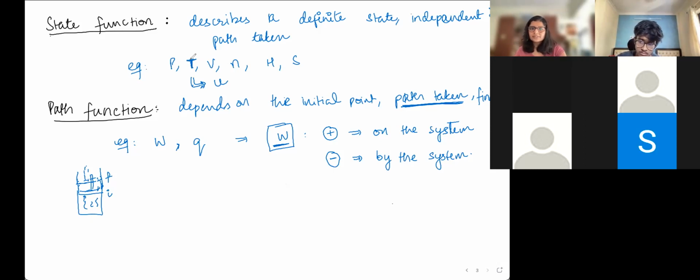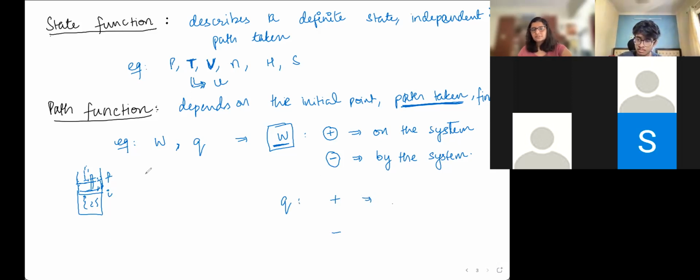Like you can measure these specifically at different points of time, and you get very specific definite values. But for path functions, it depends on what you are doing. Like you won't get definite specific values. It depends on what exactly you are doing there. Okay. Similarly, heat also can take in either a positive value or a negative value.